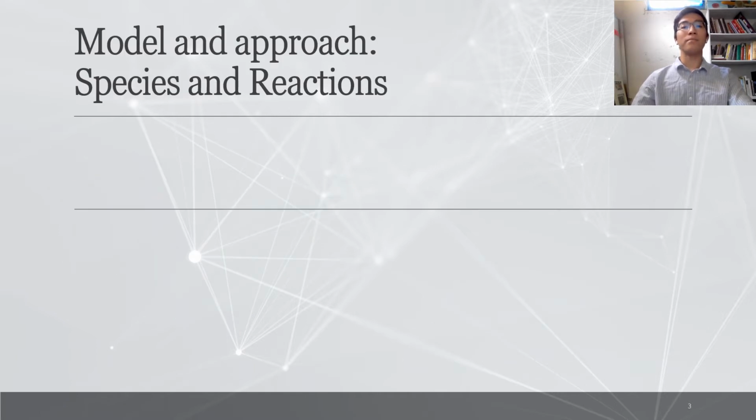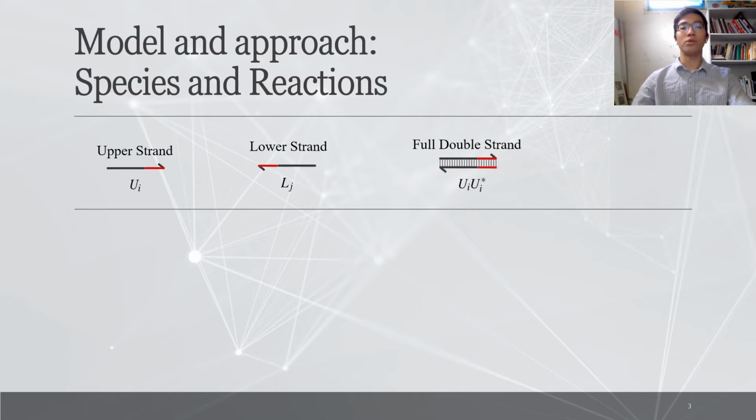In our random chemical circuit model, we made a few assumptions regarding species and reactions. We have four types of species: upper strands, lower strands, full double strands, and partial double strands. Upper and lower strands are similar to single-stranded DNA molecules such that only the opposite strand can bind together.